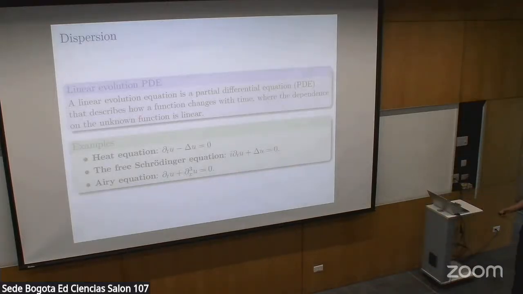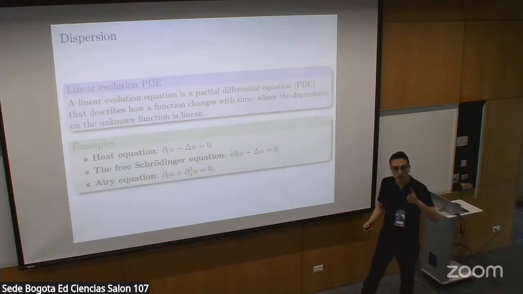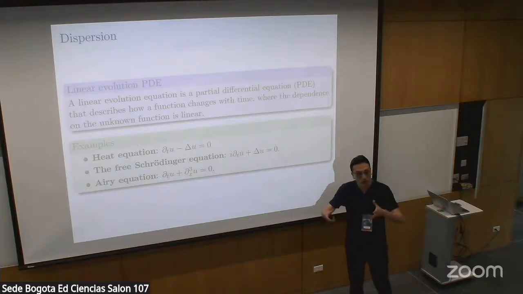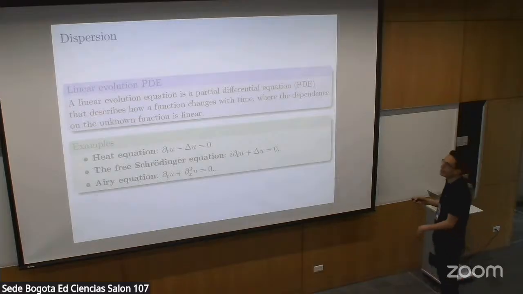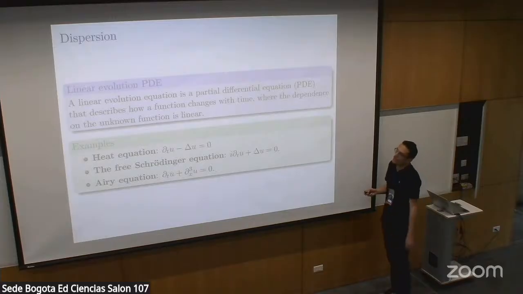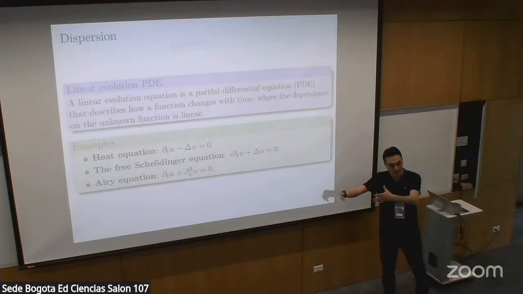There's also another thing I have to mention, which is what a linear evolution PDE is. The word evolution means that you have a free variable, which we will call time. So it's a partial differential equation that has a variable which we regard as the time variable, describing a process that is moving in time, right?